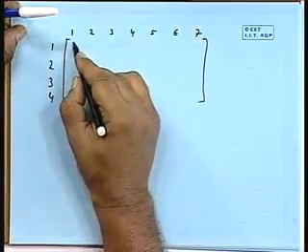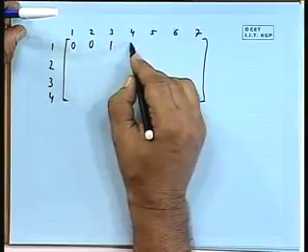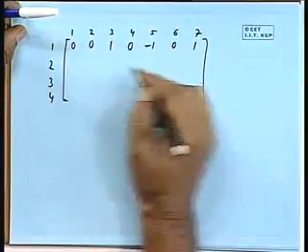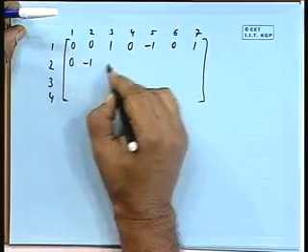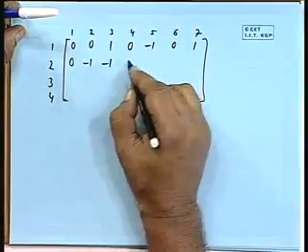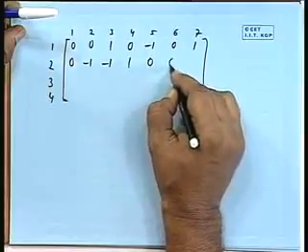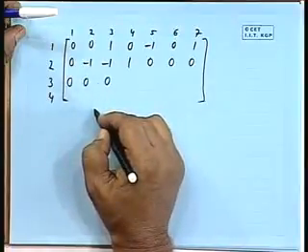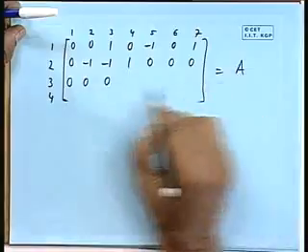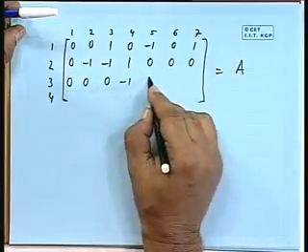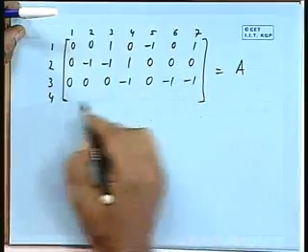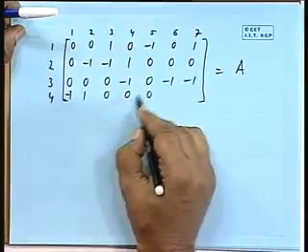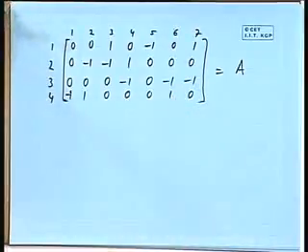The values are 0, 0, 1, 0, -1, 0, 1, then 0, -1, -1, 1, 0, 0, 0, then 0, 0, 0. This is my A matrix. Then 0, 0, 0, -1, 0, -1, -1. Then fourth one is -1, 1, 0, 0, 0, 1, 0. Sorry.